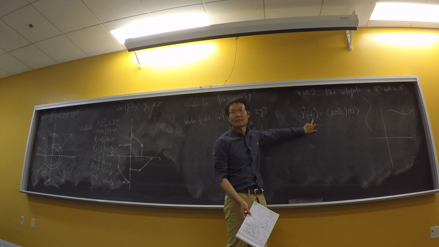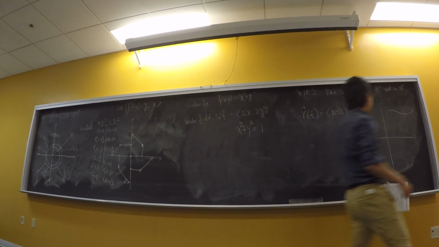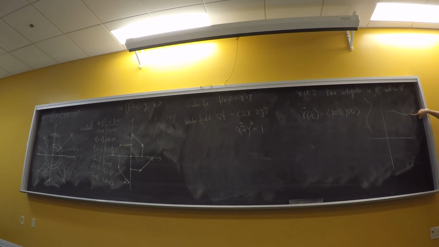You can understand this as a time variable, which means on a fixed curve, given a time, I have a point on this curve. If I connect this point with the origin, I get a vector.